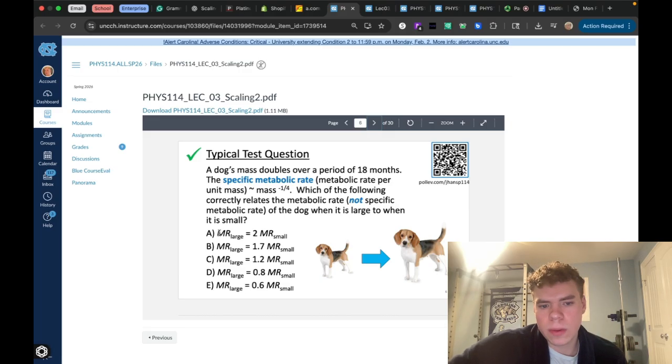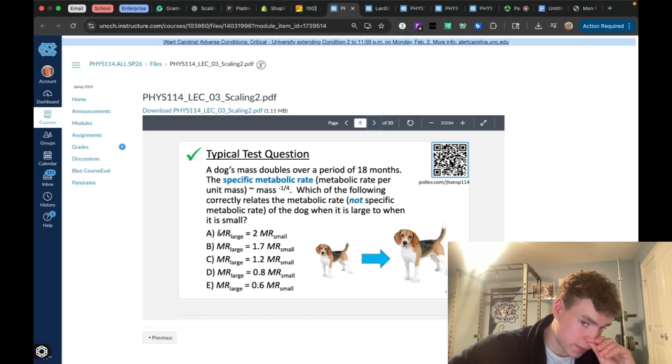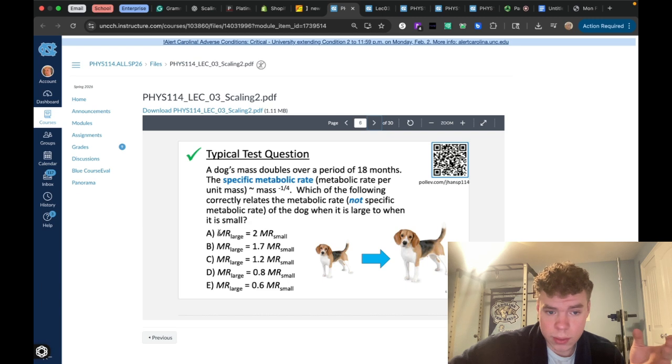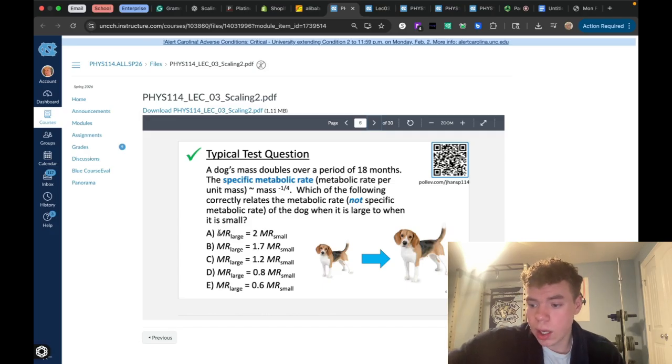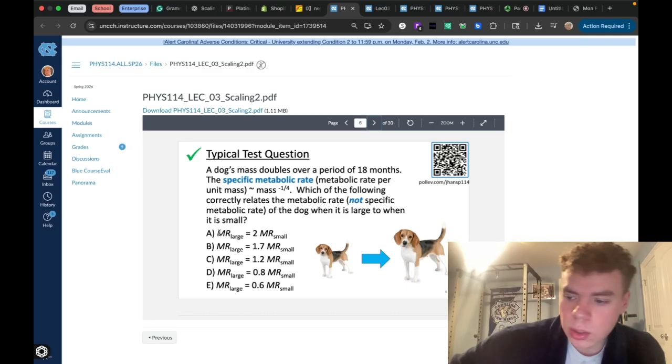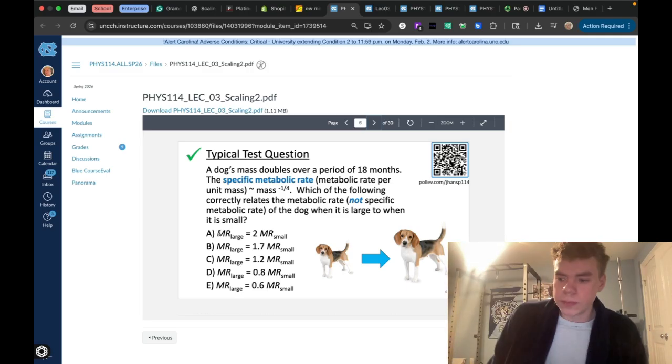So if the size doubles, then the mass of the dog is going to triple. So if the metabolic rate of the small dog is equal to mass to the negative one fourth, and mass is going to triple, then the metabolic rate of the large dog would be equal to 3 multiplied by mass to the negative one fourth. Okay? So, how can we create this into a ratio?